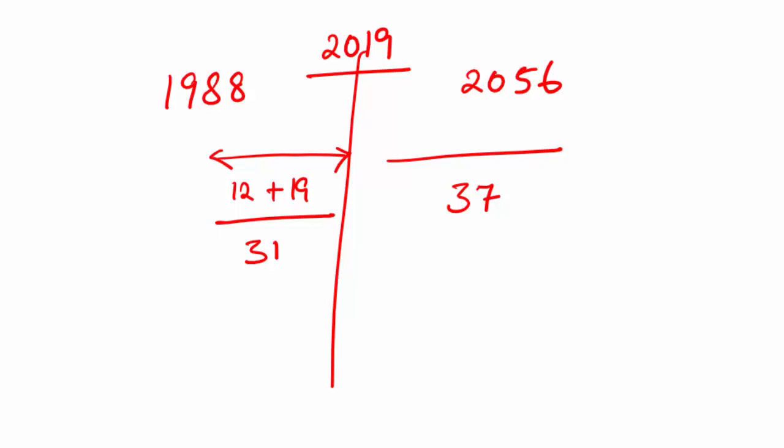Now, in case the user entered year is greater, you get a negative number, and in case the user entered year is less than the current year, you get a positive number. And you don't want to give the output as either positive or negative. You want the output to be an absolute number. How many years are we from the current year? All you've got to do is ABS of that difference and you get the absolute number.